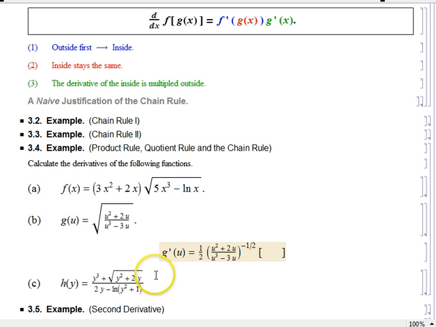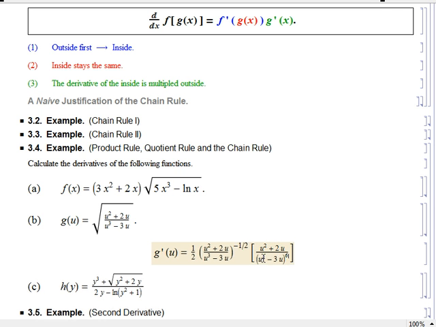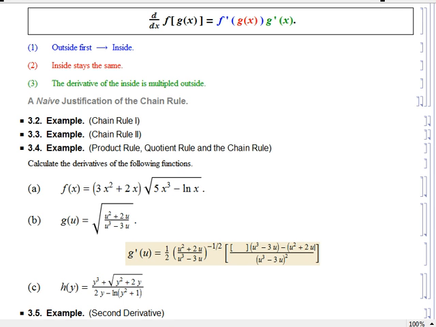Okay, and then we have to calculate the derivative of the inside, and that is going to be the quotient rule. Something complicated. Well, let's see. Let's go ahead and do that. The denominator squared. And then here we have u prime v minus u v prime.